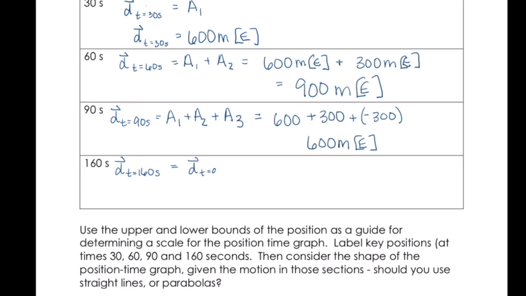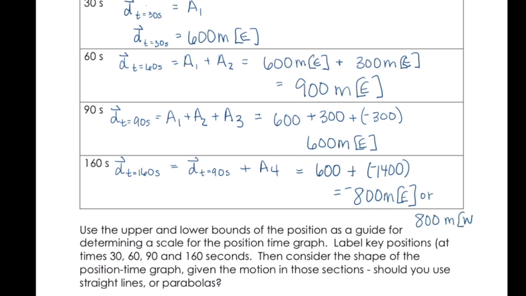So the displacement at t equals 160 seconds equals the displacement at 90 seconds plus A4, or you could have done A1 plus A2 plus A3 plus A4. So we're going to have 600 meters east plus negative 1,400 meters east. And so we'll get negative 800 meters east, or a better representation of this answer would be 800 meters west.